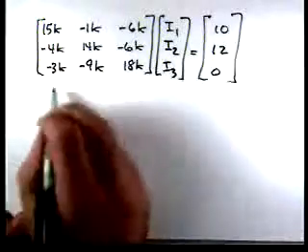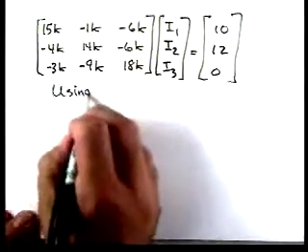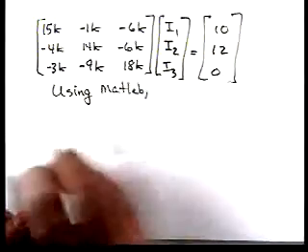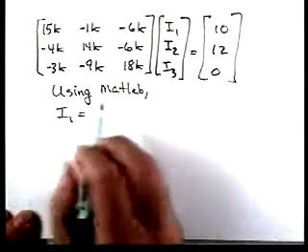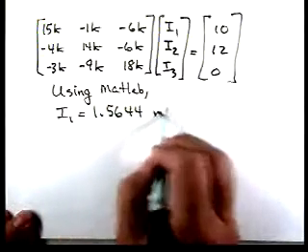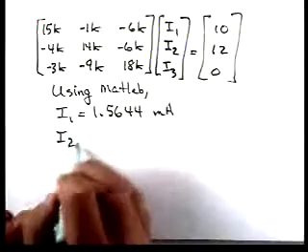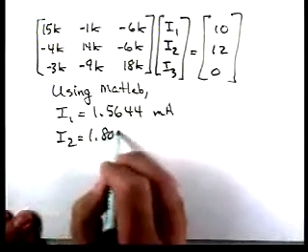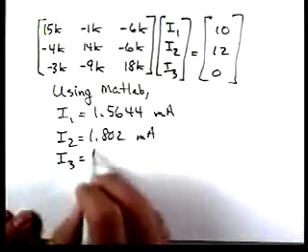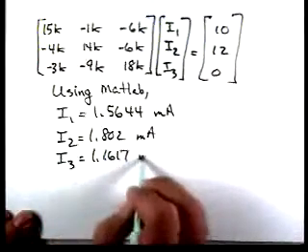Using MATLAB, here's our answers. I1 is 1.5644 milliamps. I2 is 1.802 milliamps. I3 is 1.1617 milliamps.